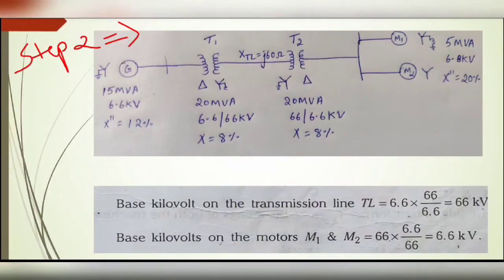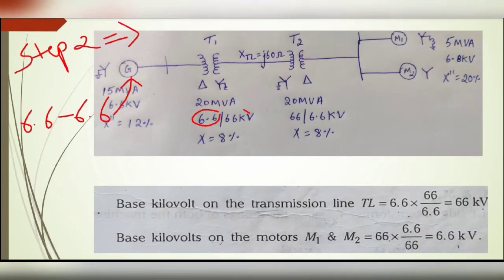Taking each transformer voltage ratio to find the new value of KV base. Let's take transformer T1 first, as the generator KV base new value is known from step 1. So that is 6.6 kilovolt primary transformer voltage and generator base voltage as 6.6 kilovolt.